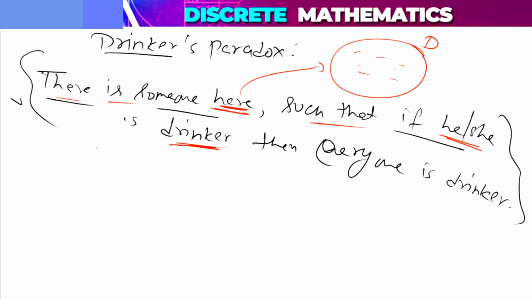First we will rewrite this statement in first order logic. How are we going to do it? You can do it one by one. First he is saying that there is someone here.